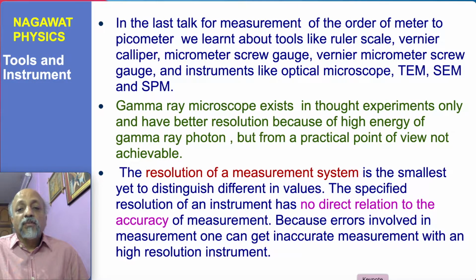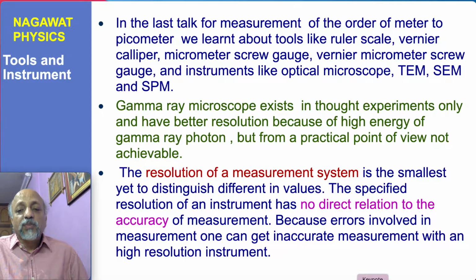The resolution of a measurement system, as explained in the last talk, is the smallest distinguishable, and it is different in values for different tools and different instruments.